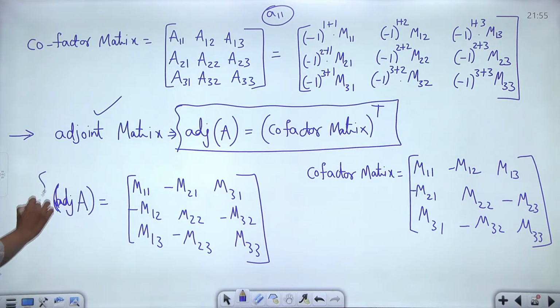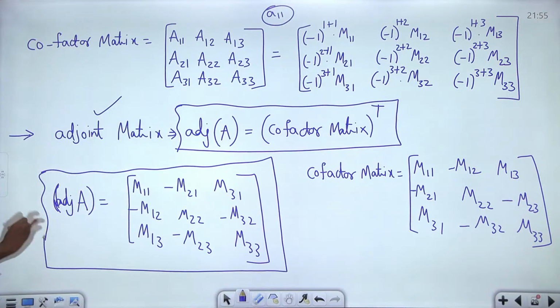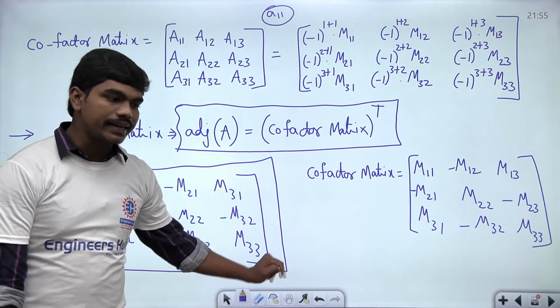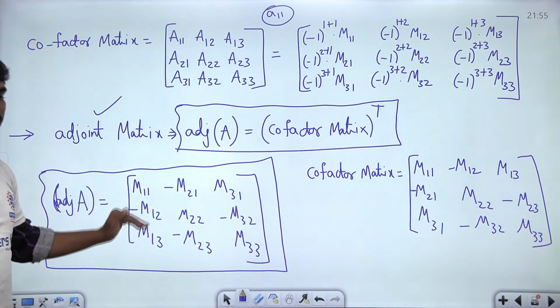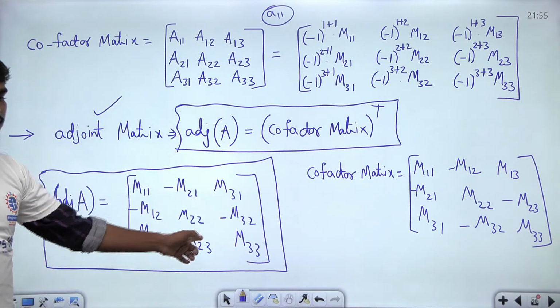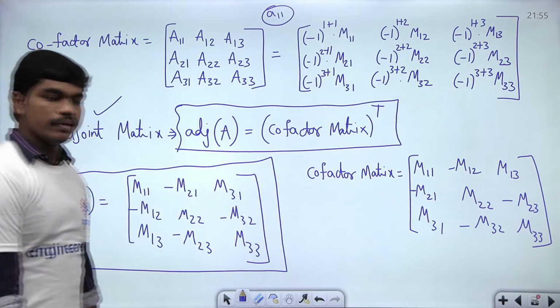Can you all agree that this adjoint is nothing but this matrix? This adjoint of A is nothing but this matrix, because I want to show you two important results after writing this. So that's why I'm asking you. So please tell me, can you all understand that this adjoint matrix is something like this, where this capital Mij denotes the minor of a particular element, correct?